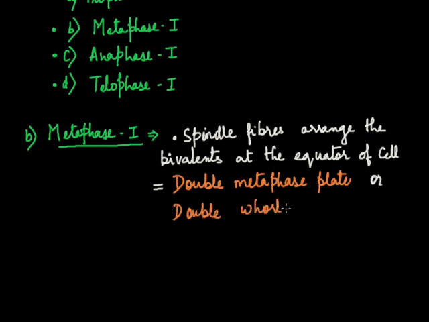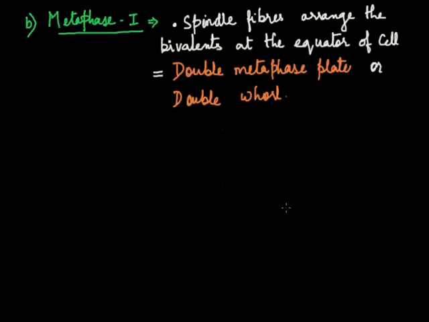If we draw it diagrammatically, it will look like this. For example, this is the cell and these are the spindle fibers.